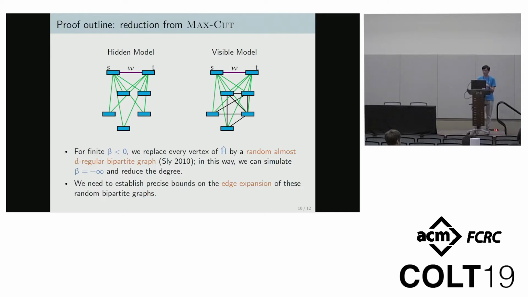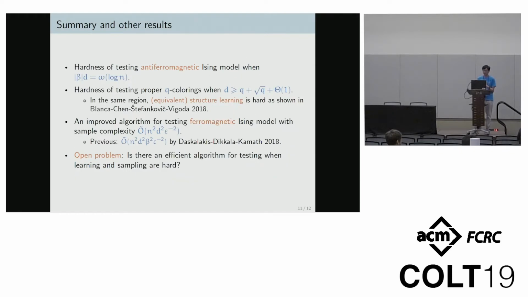In this way, we can simulate large beta and also reduce the degree of the graph. The same idea was first used by Sly to show hardness of approximate counting.